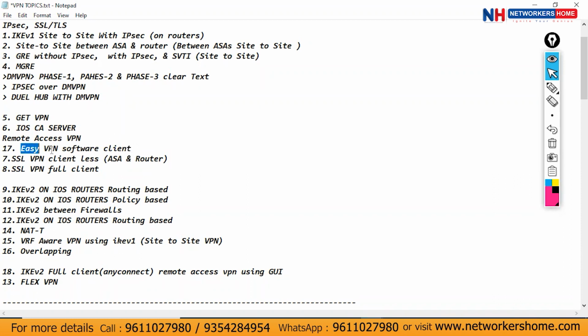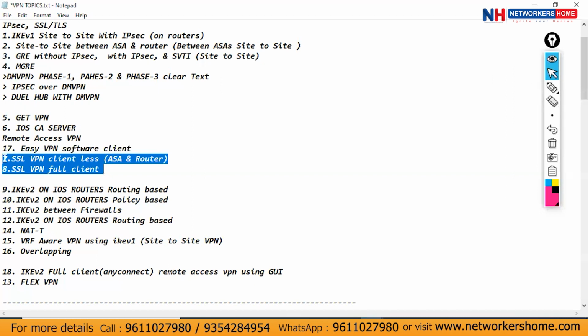ISE VPN, I'll give you an example. It will be better for you to understand why Cisco has come up with the new SSL VPN, why it has come with the new type of remote access VPN. Like we have SSL clientless VPN, SSL full client VPN. These are the different types of VPNs which you are going to get, and these VPNs are in your examination.